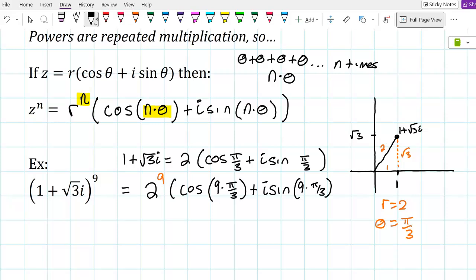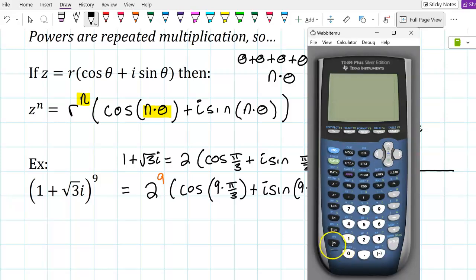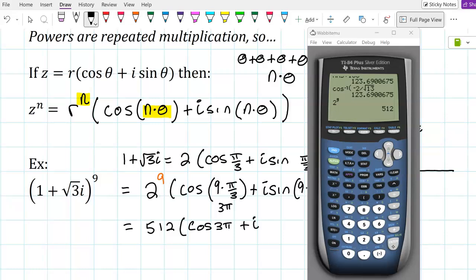Okay, let's do a little simplifying. 2 to the 9th, I think that's 512, but let's just check. 2 to the 9th, 512. So this must be 512. 9 times pi over 3, that's just 3 pi. So 512 times cosine 3 pi plus i sine 3 pi.